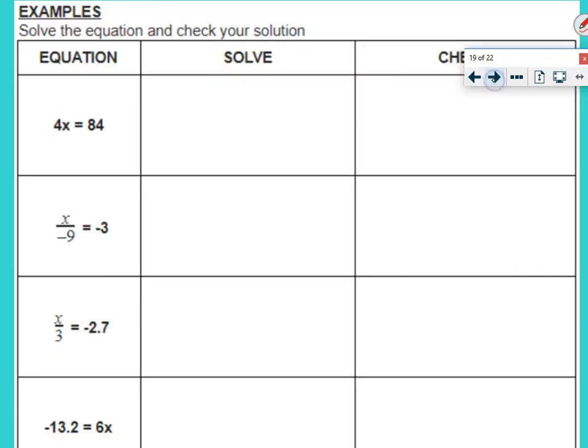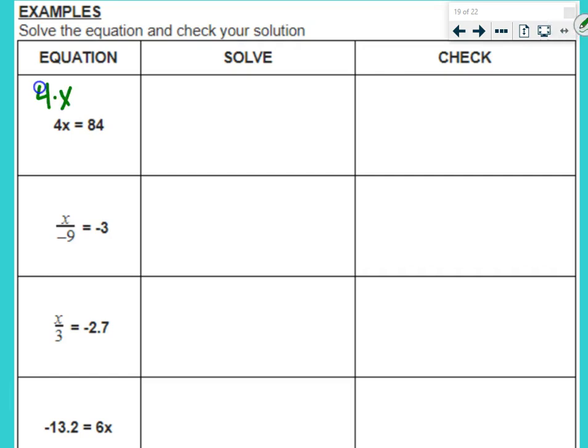So, using those properties, we're going to solve some equations. We have 4x equals 84. 4x is 4 times x. So right here we have 4 times x equals 84. What do we need to do? Well, we need to do the opposite of times 4. Here's our variable x.